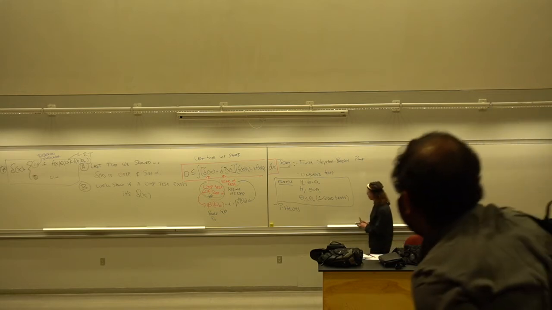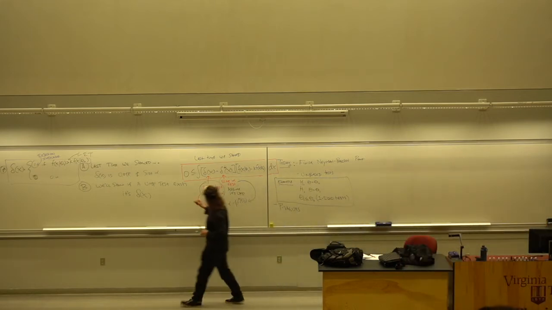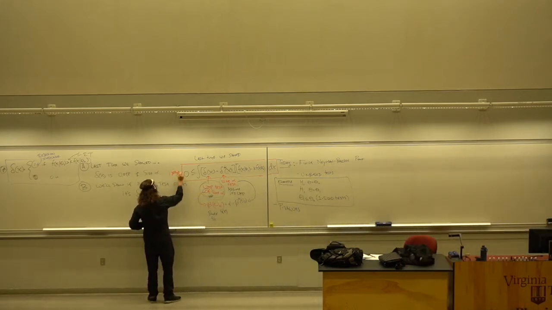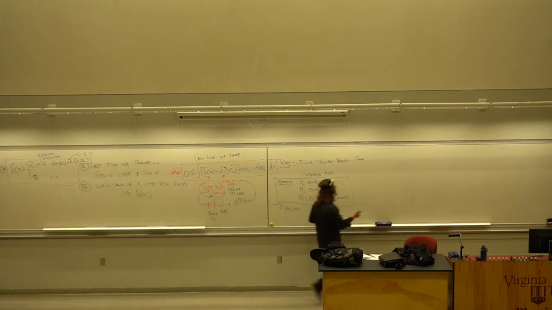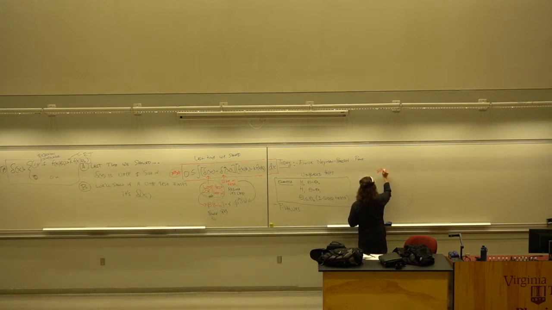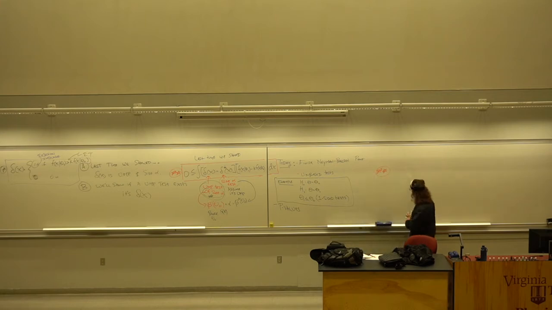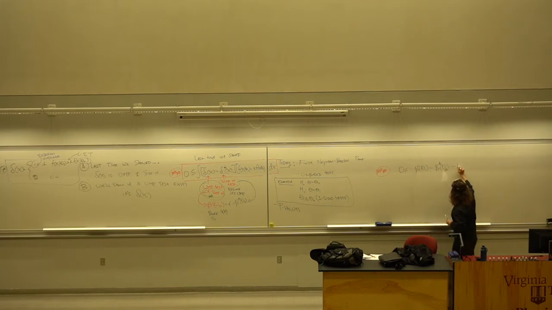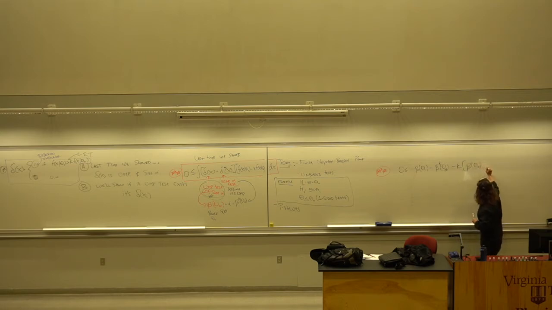So 0 is going to bound our power function at theta 1, minus our power function for our other test, minus k times our power function at theta naught.